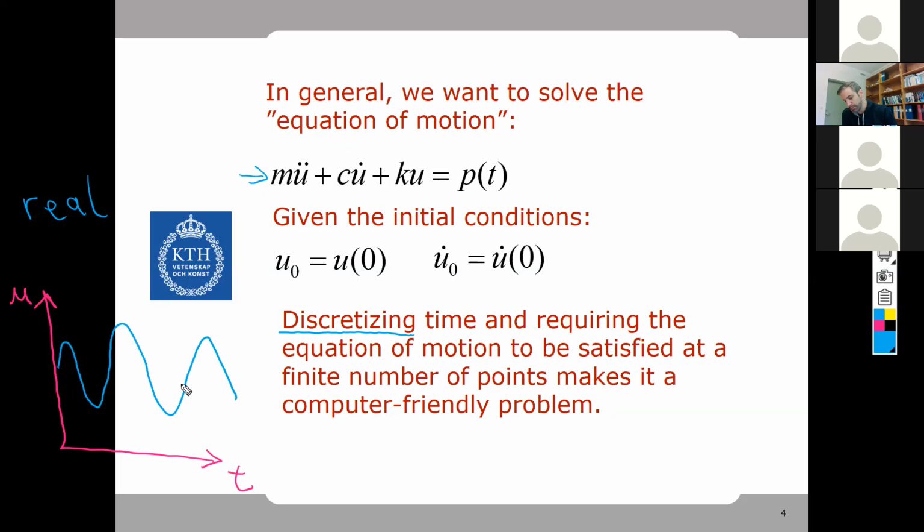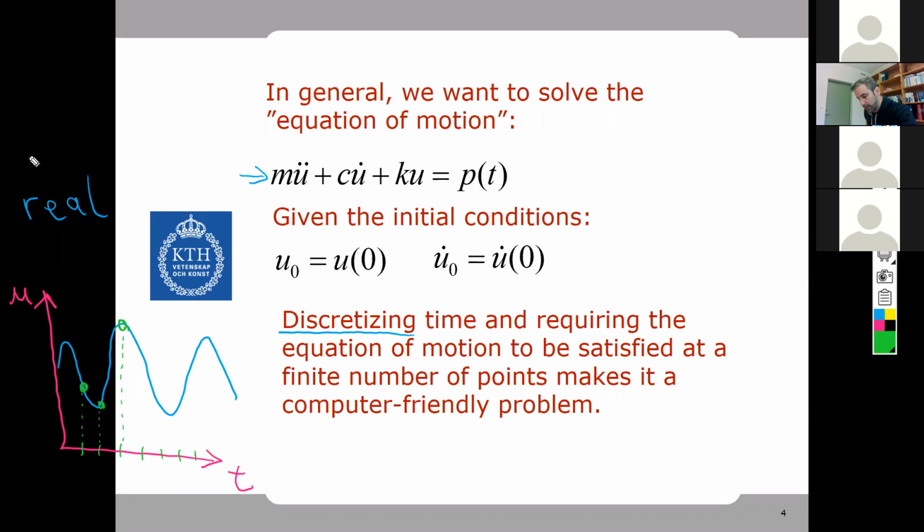But in order to make this process more computer friendly, we're going to calculate the response at given intervals. So at this point, at this point, at this point. Yellow was not a very good color to choose, so let's go with green instead. At this point, okay, so that my computer program will be able to know what the displacement was there, and there, and there, and so on.